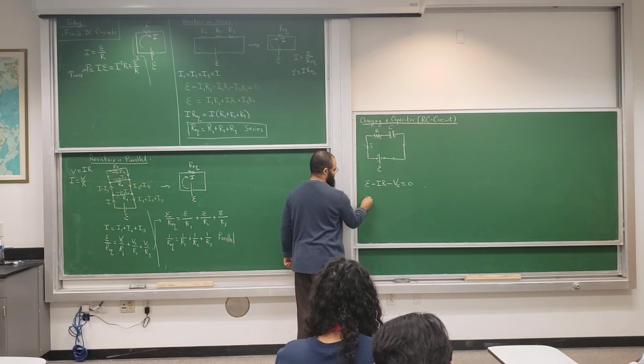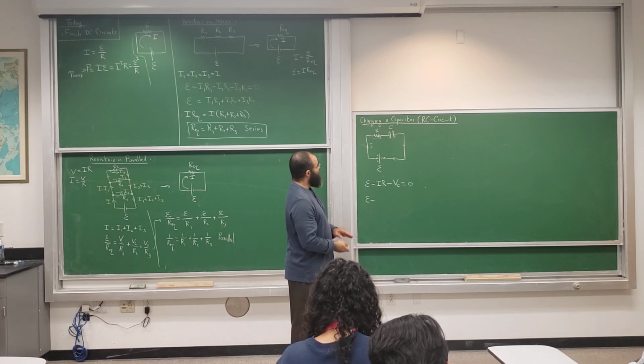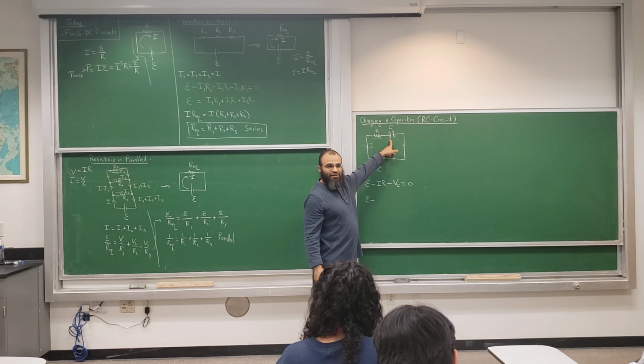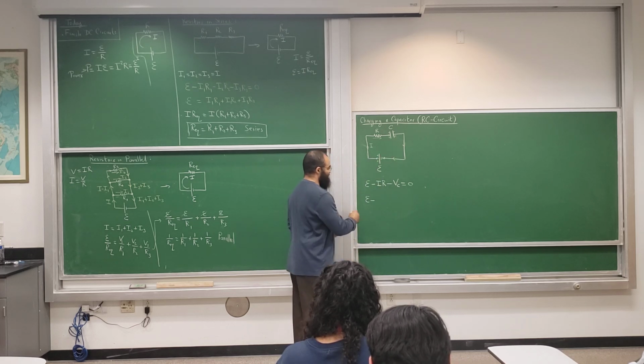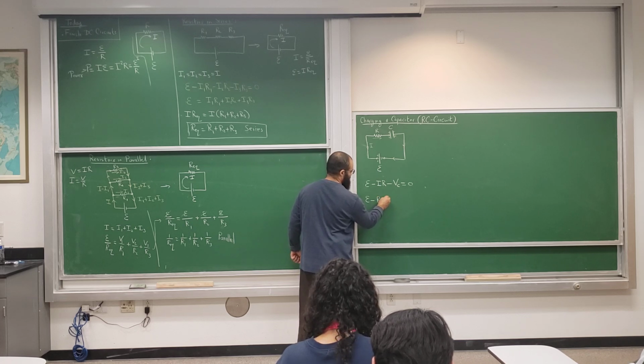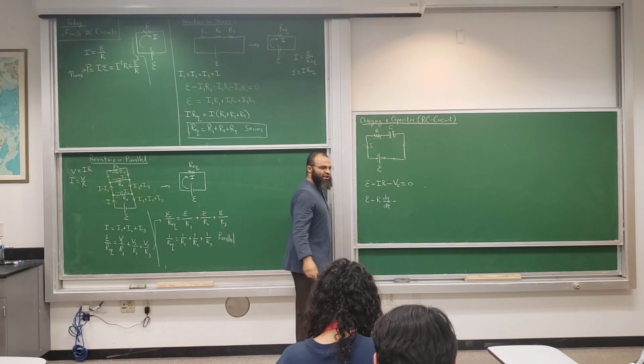So I have E minus... Current is the rate at which you're adding charge. It's dq dt. Current is dq dt. So I have R times dq dt minus, what's the voltage across the capacitor?